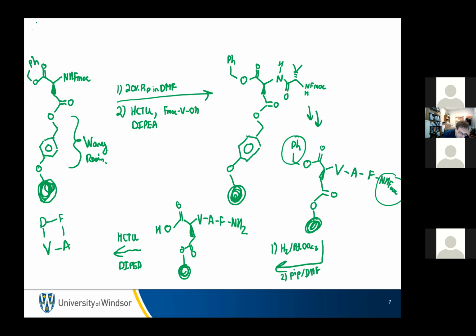And it's called on-bead cyclization. Very powerful because you don't need to worry about super high dilutions. And you're making peptides on the bead anyway, so who cares?